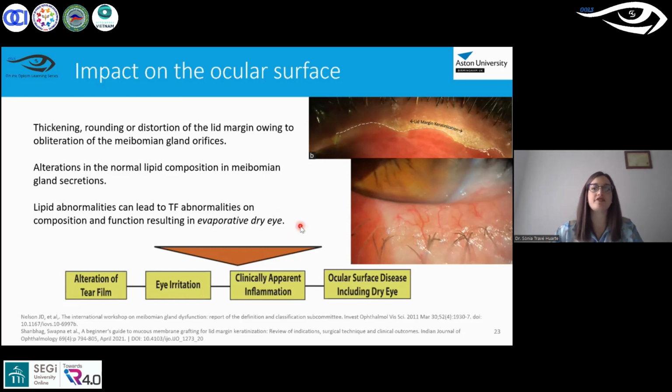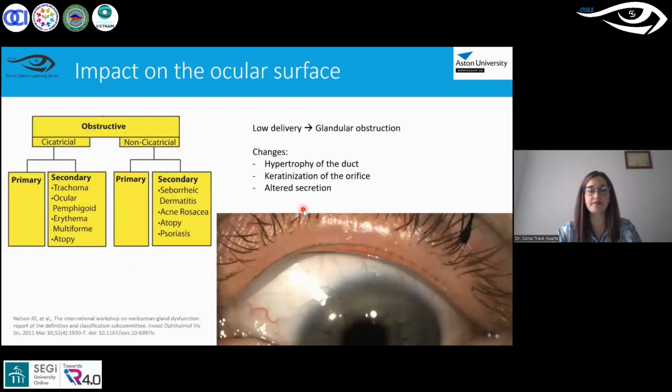We then also have changes in the secretion of the oils, as we've seen, and all of that leads to possibly ocular surface disease or dry eye. If we look more into the obstructive side, we have the cicatricial bit. So it depends on the specific conditions. There's some skin conditions that could lead to it, and that changes and blocks by scarring that opening of the gland.